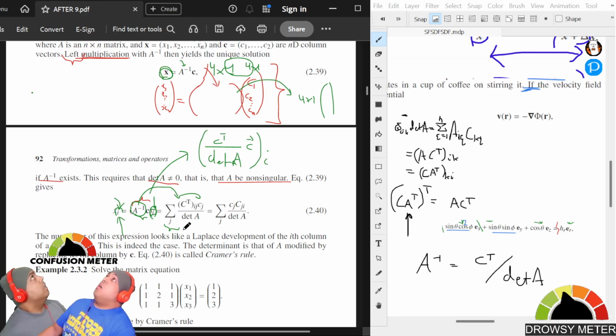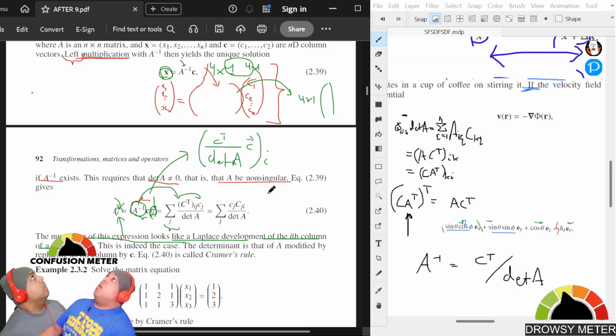The numerator of this expression looks like a Laplace expansion along the i-th column of a determinant. This is indeed the case.